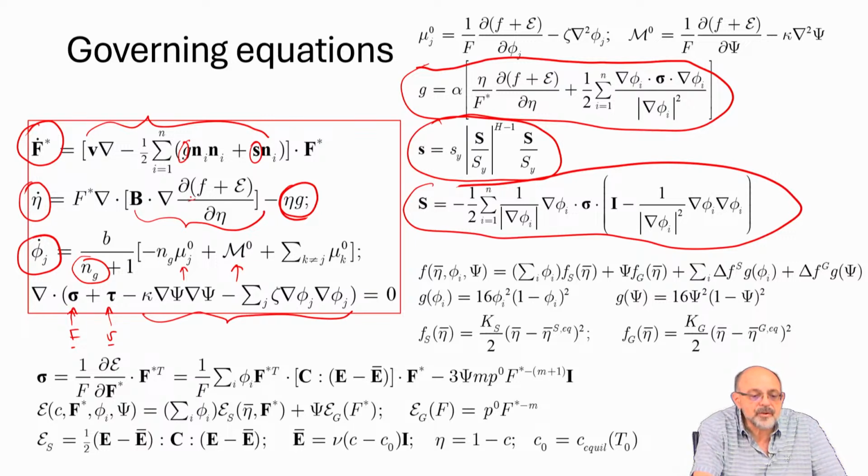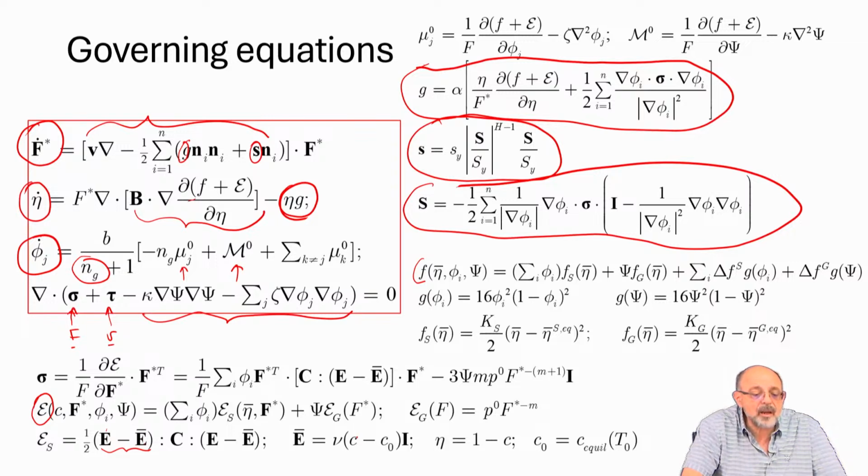The functions F and epsilon: epsilon is the elastic strain, and the elastic strain energy is a quadratic form of elastic strain, and elastic strain is total strain minus eigenstrain.